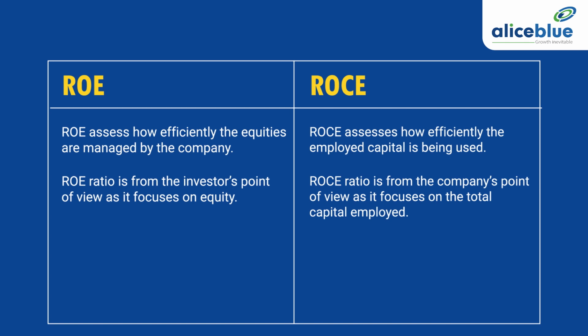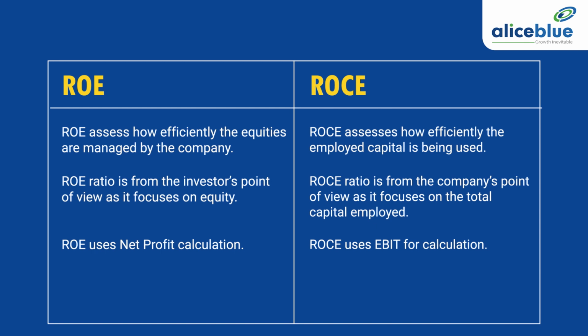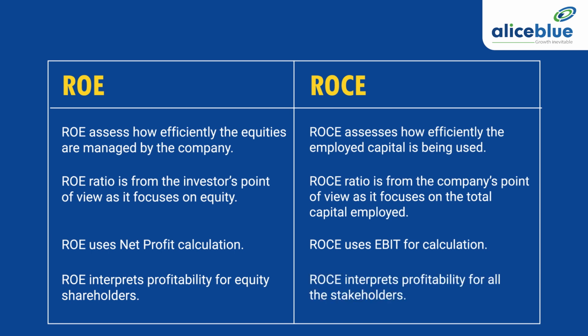ROCE ratio, on the other hand, is from the company's point of view, as it focuses on the total capital employed. The third difference is that ROE uses net profit calculation, whereas ROCE uses EBIT for calculation. ROE interprets profitability for equity shareholders, whereas ROCE interprets profitability for all stakeholders.